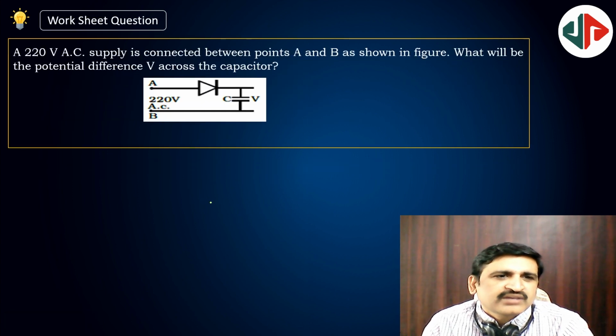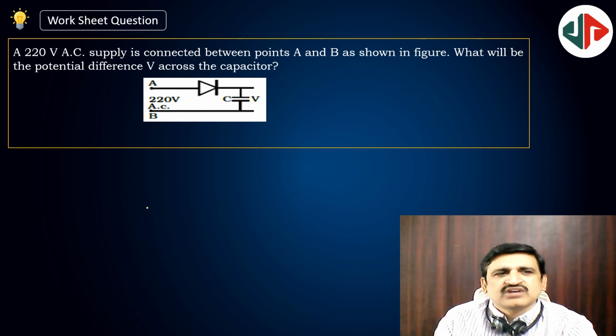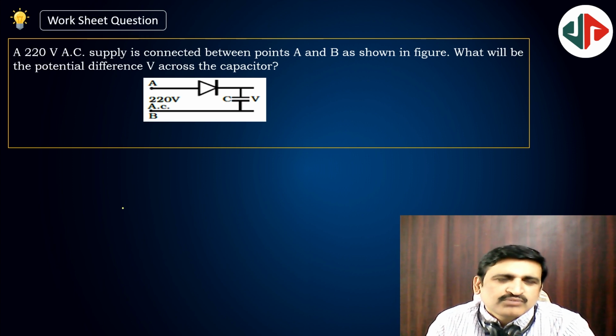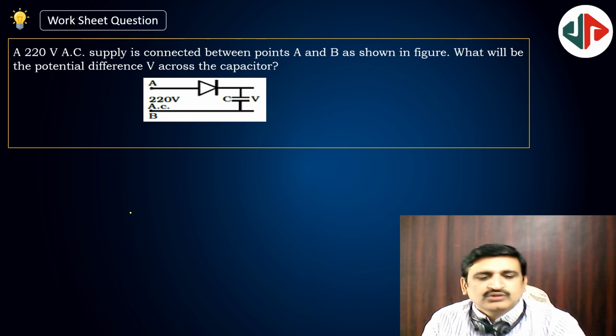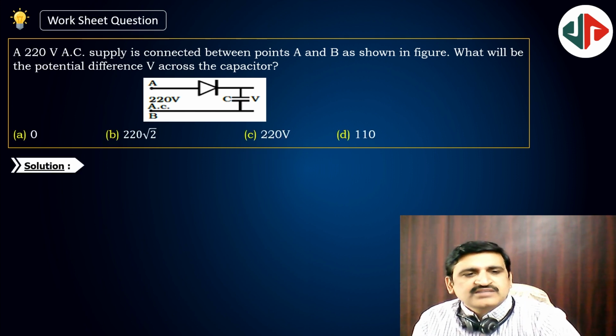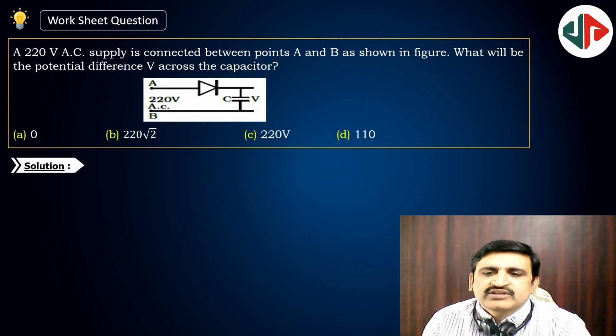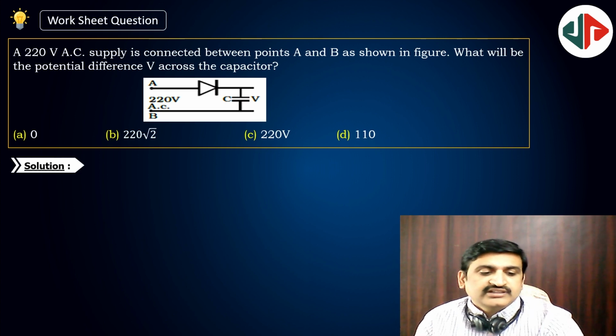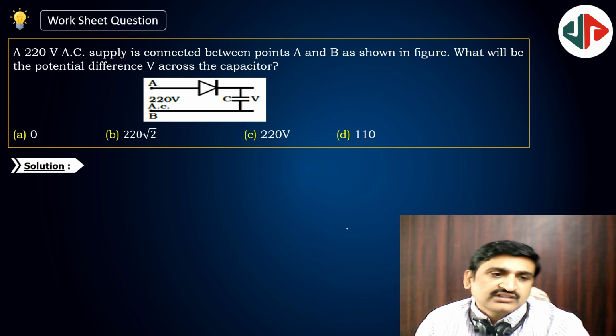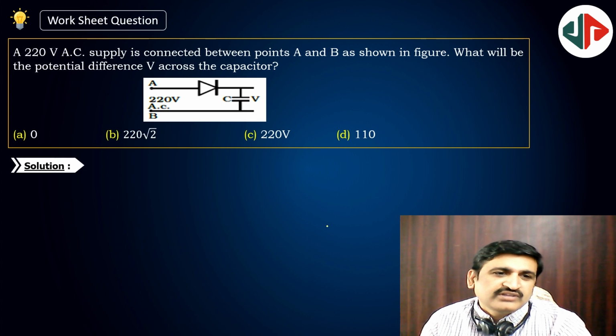A 220 volt supply is connected to A and B. What will be the potential difference across the capacitor? That is a half wave rectifier. So the positive half cycle will come. If I am expecting the positive half cycle output, then even though it's a half wave rectifier, only the average EMF value will be transmitted, but half of the power is transmitted.